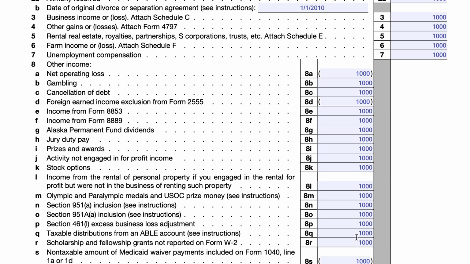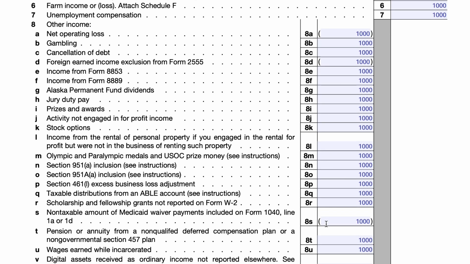So if you're familiar with an ABLE account, anything that you distribute for the benefit of that beneficiary that's a qualified expense would not be a taxable distribution. Any taxable distributions would be treated in a similar manner as the MSA and HSA income, and may also be subject to additional taxes on IRS Form 5329.